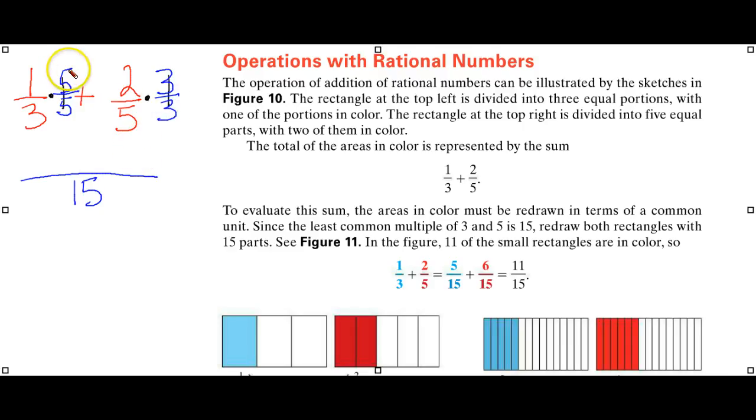So again, we are authorized to multiply anything by 1. That's the identity of multiplication. So now our denominator becomes 15, our numerator is 5, and our 2/5 becomes a 6 in the numerator and a 15 in the denominator.